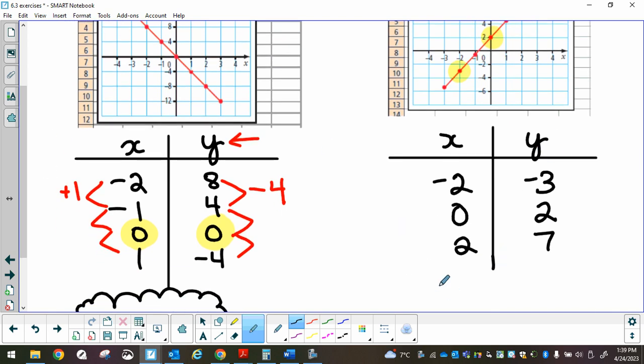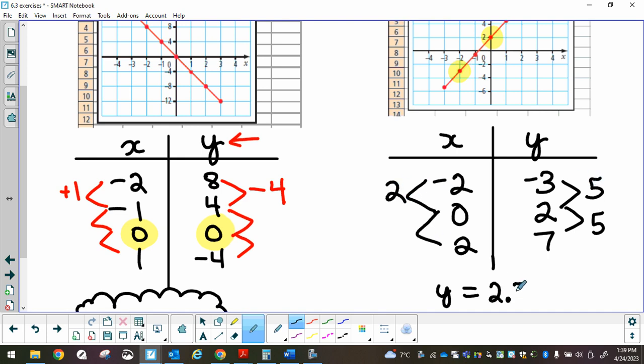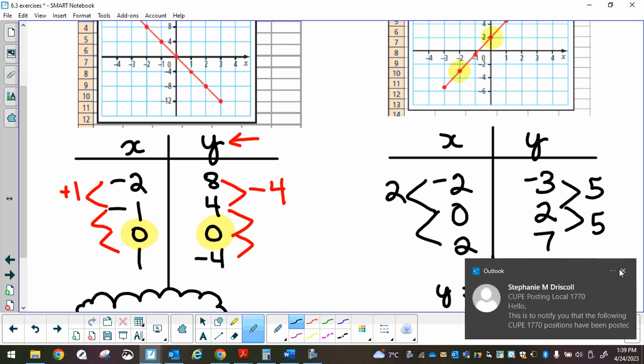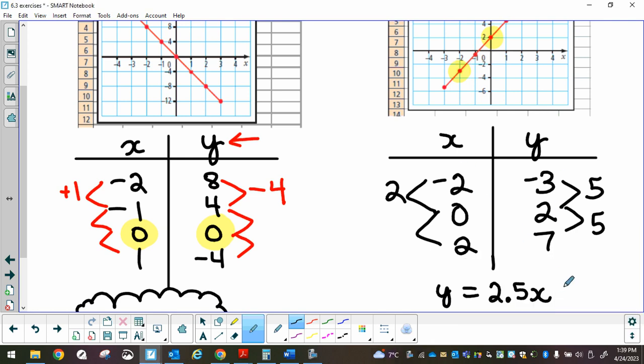Okay, we've got y equals, what in the world's happening on this side? 5 over 2. 5 divided by 2 is 2.5x, and my 0 value is a +2. Okay, that's where that came from.